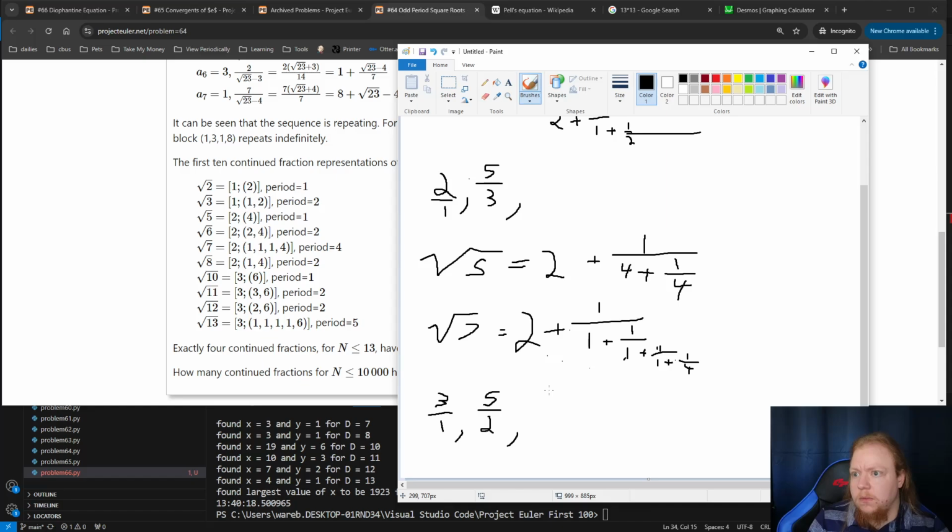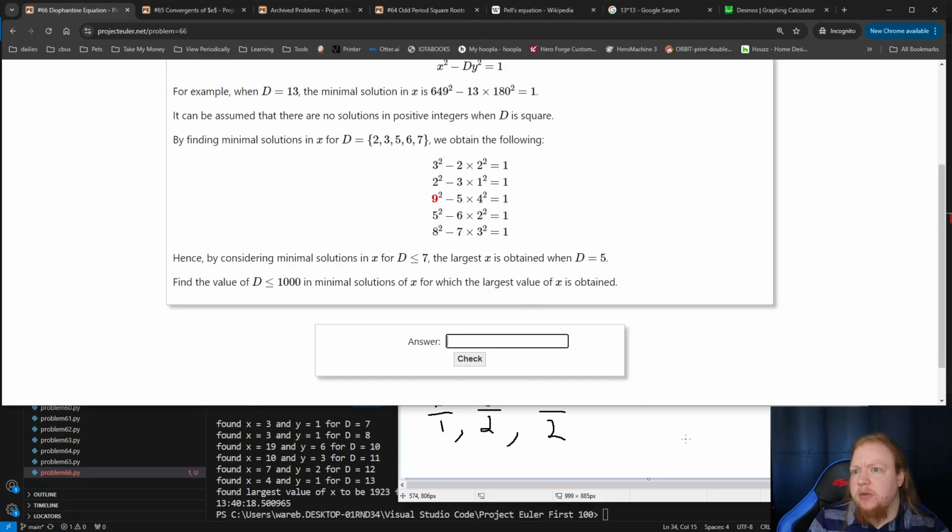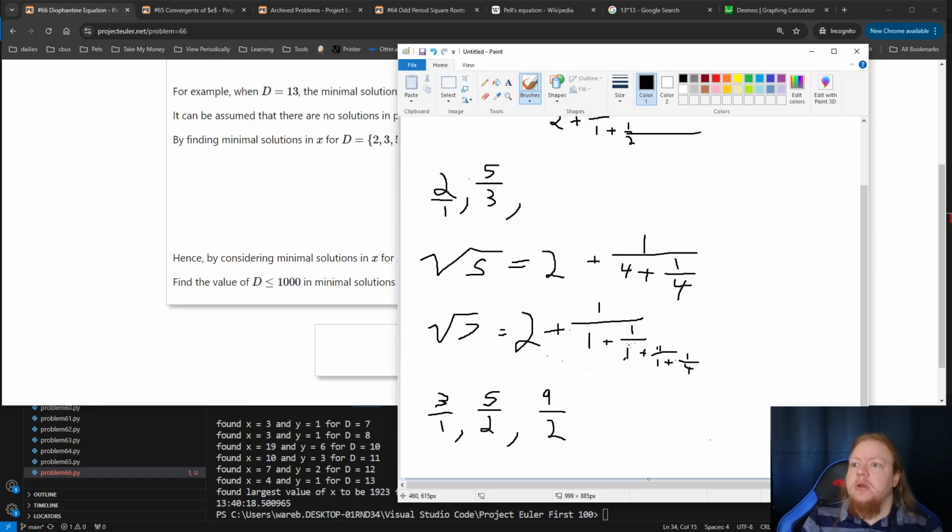So wait, seriously? 9 over 2? That doesn't seem right. I'm going to double check my math. 1 over 1 plus 1 is 2. 1 over 2 is 1 over 2.